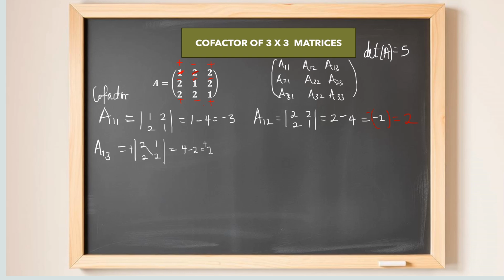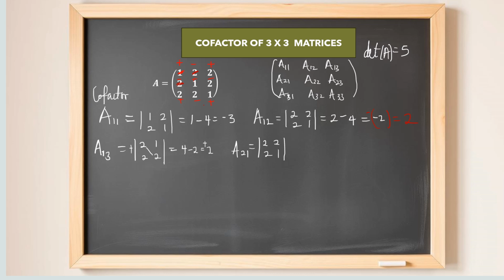And the next one is to move to the second row. Here we have A21, that is second row, first column. If you cancel out this row and this column, you have 2, 2, 1, 2, 1, 2, 2, 2, 1.